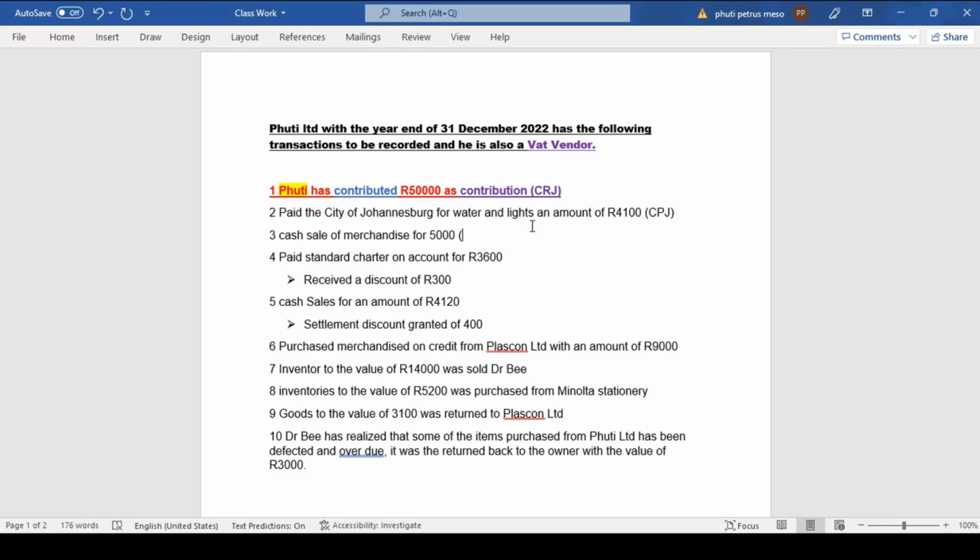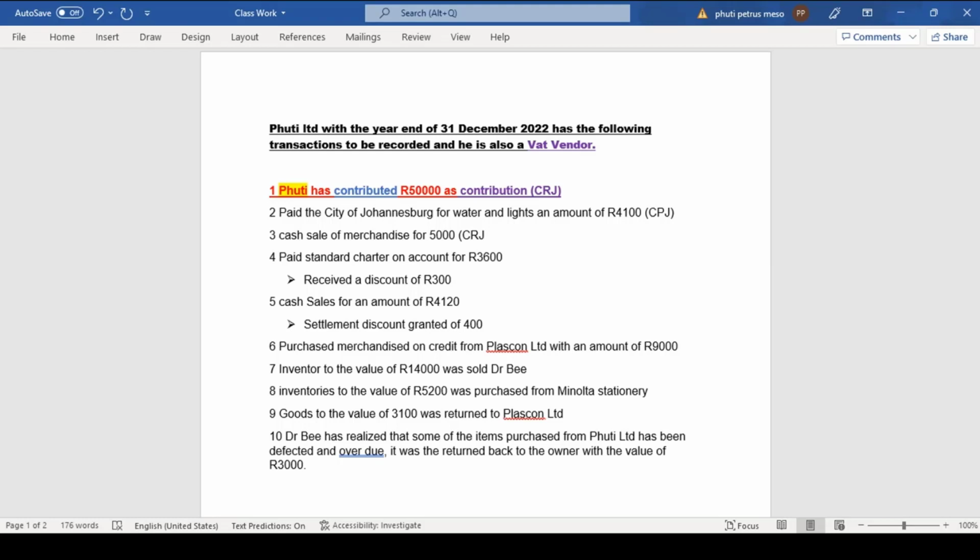A sales journal. Okay, let me just go back to Teams. Right, who said cash sales journal? Cash receipt. Sorry. Cash receipt journal. You're right. CRJ. Because it's a cash sale.